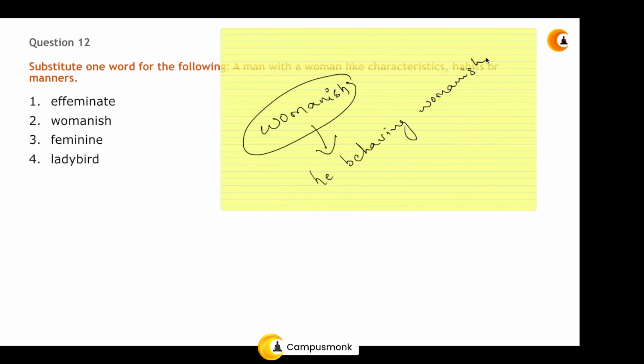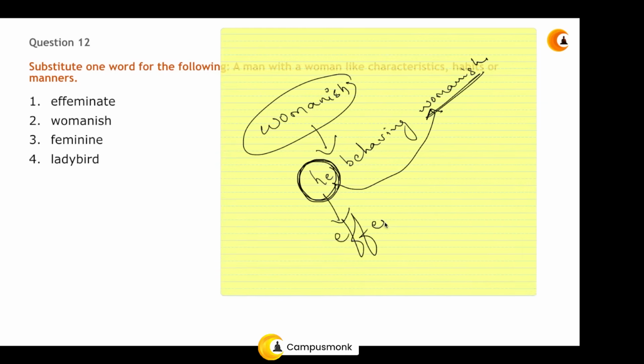So I'm just explaining his characteristics, but what will he be called? That is what the question is trying to ask. What is a man called if he possesses the characteristics of a woman? Then that man is known as effeminate.